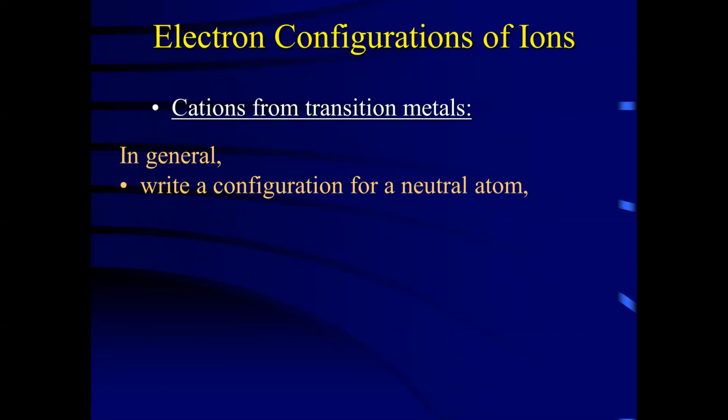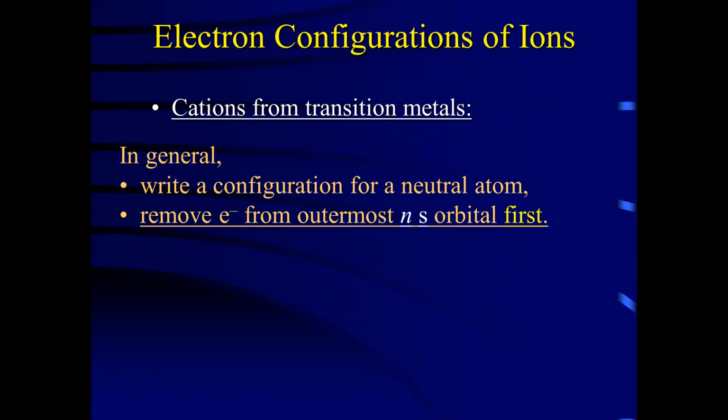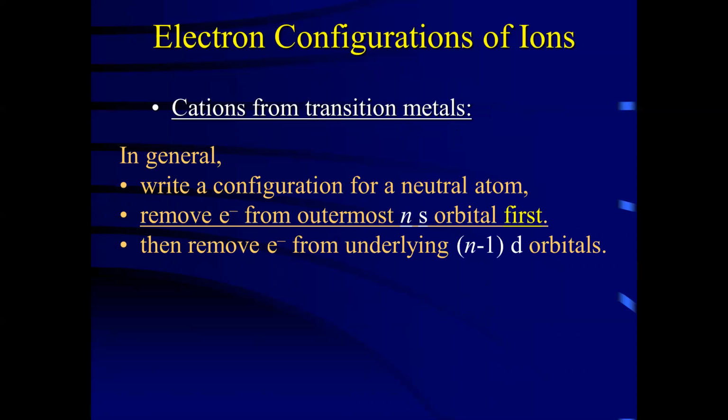So we talked about the main group before, like groups 1, 2, 3, and groups 6, 7. How about the transition metals, or transition elements? In general, we first write the configuration for the neutral atom.